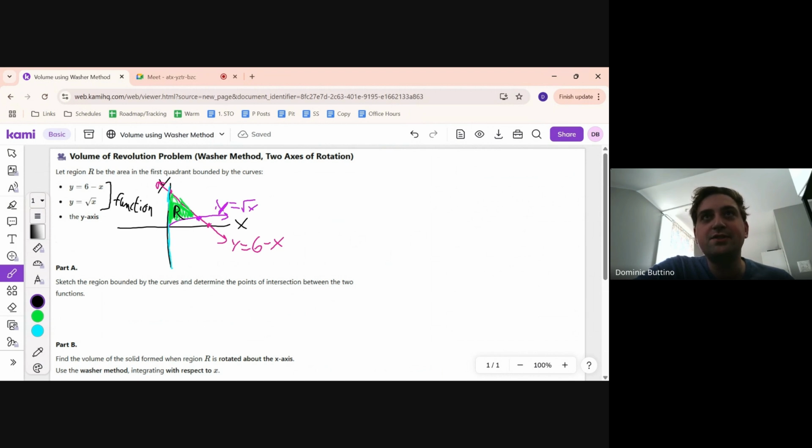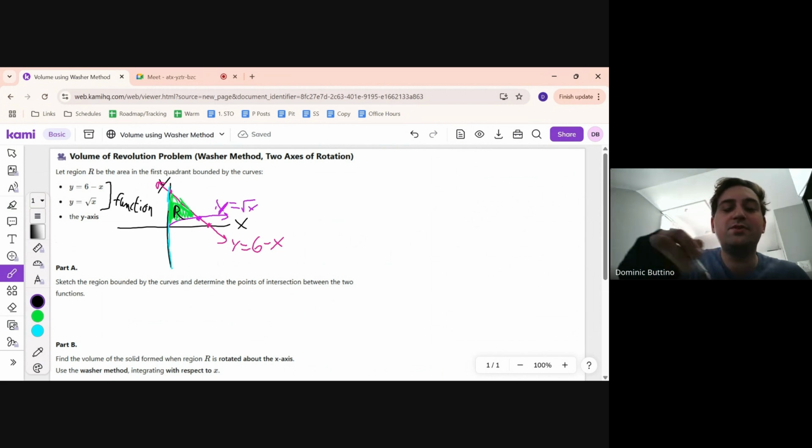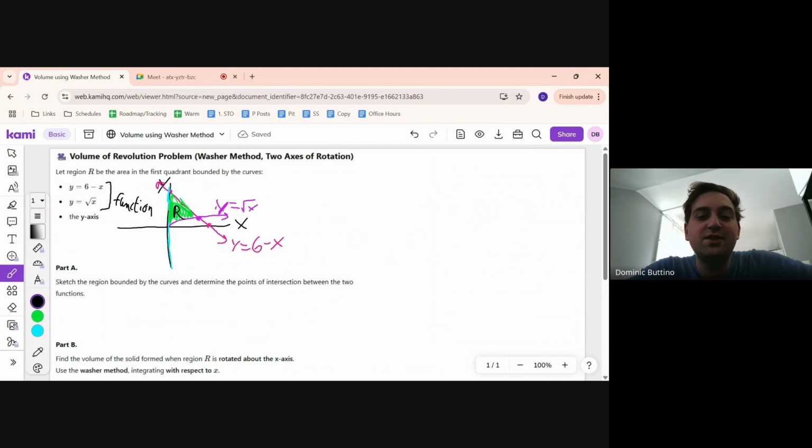I would suggest one solid method is trial and error. Try some basic points, okay? Well, let's plug in 0 for x. 6 minus 0 is 6, and the square root of 0 is 0. Those do not intersect, right? Remember, the goal is to set those two functions equal to each other, and this point right here is going to be the point where the function values are equal.